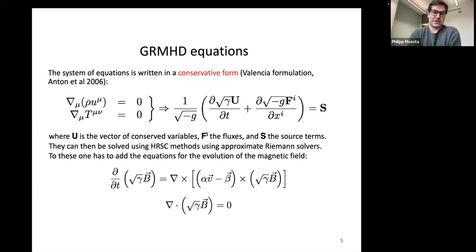That have essentially figured out how to write these GRMHD equations in a conservative form. And what do I mean by a conservative form?